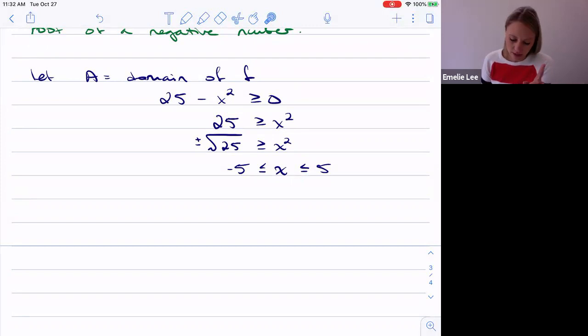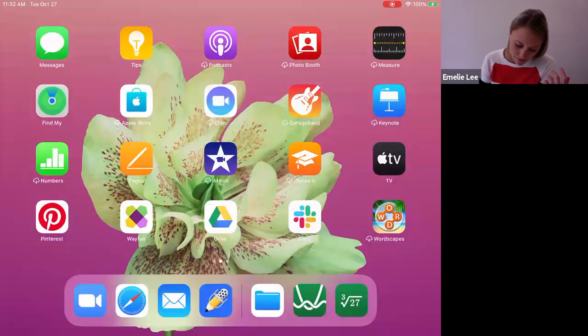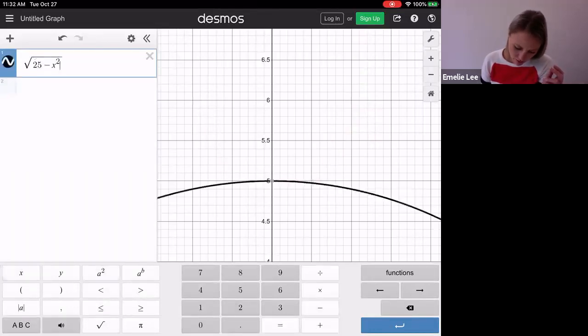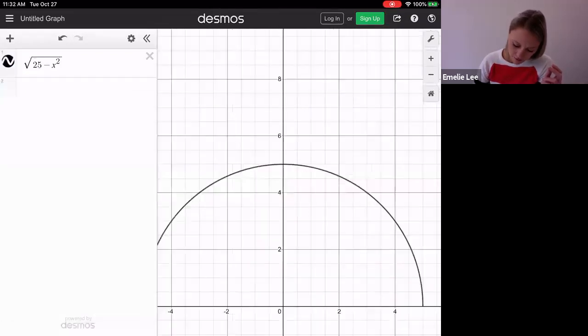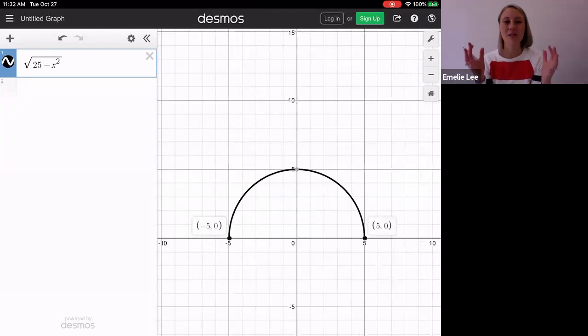Another way that you can check this is just graph this whole thing in Desmos just to see what it looks like to find the domain. So if we graph the square root of 25 minus x squared, what we get is this semicircle from negative 5, so x equals negative 5 to 5.